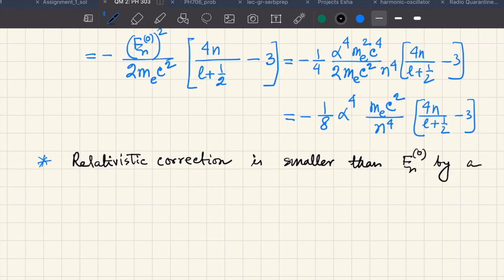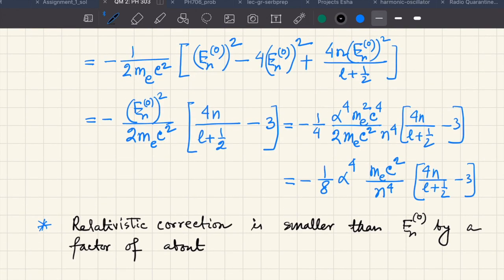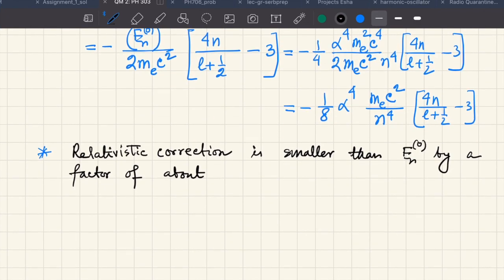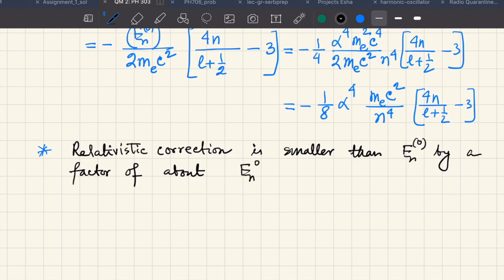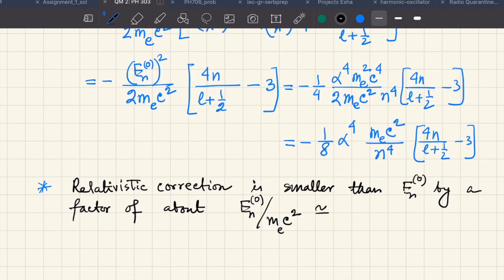By a factor of En0 by m e c squared, which is of the order of, if you calculate this for the hydrogen atom, you will get that this is 2 into 10 to the power minus 5.